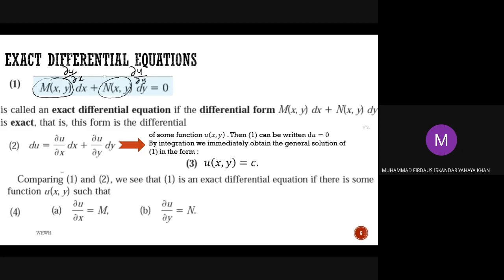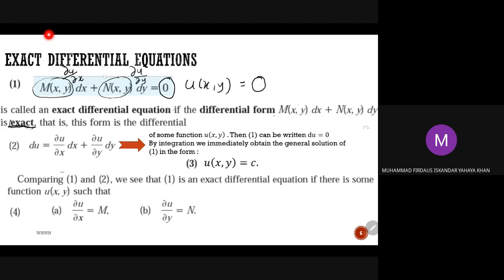Alright. So what they are trying to say here, dia kata this equation, okay, maknanya kat sini tadi this is our u(x,y). Dia kata u(x,y) ni sama dengan kosong lah for this case. Okay. It's called an exact differential equation if the differential form M(x,y) dx plus N(x,y) dy is exact.